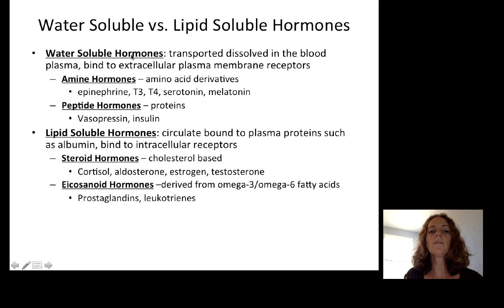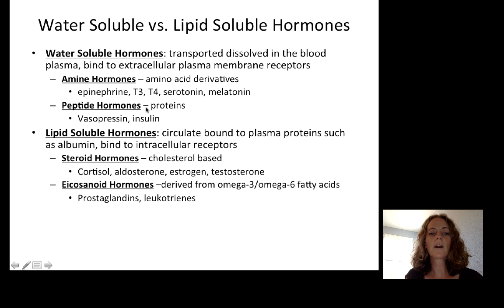So let's talk a little bit more. Is this super exciting? I know. Let's talk a little bit more about the classes of hormones. Water-soluble hormones, there are two types. Amine-based hormones, which are derived from amino acids. Some examples of those: epinephrine, thyroid hormone T3 and T4, serotonin, melatonin.